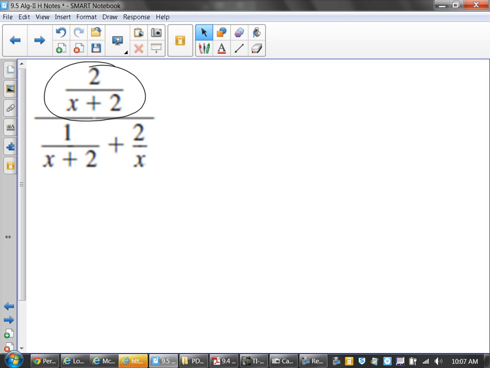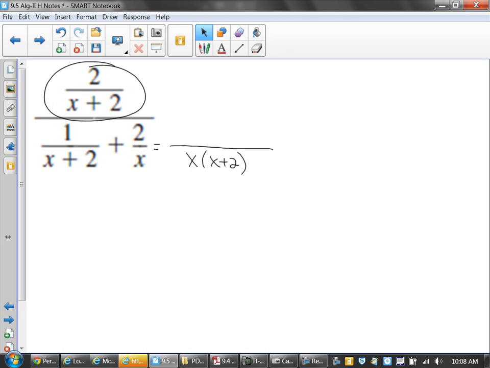In this part here, in order to add those two fractions together, I have to have a common denominator. What would a common denominator be? X times x plus 2. Does everybody agree? So what we do is we just start off right with this. We write it as x and then x plus 2. You could write x plus 2 times x. It doesn't matter. I'm just starting it out like this.